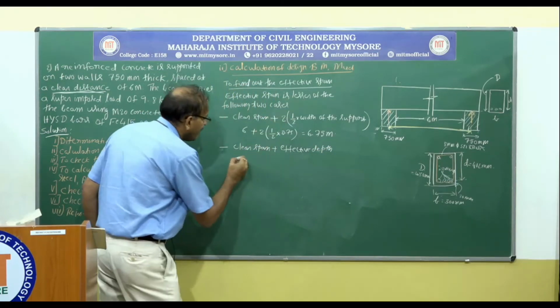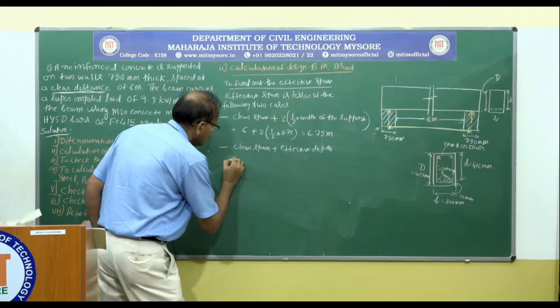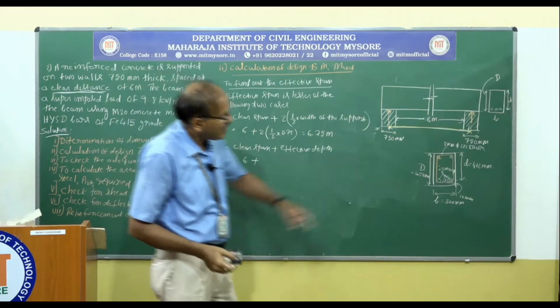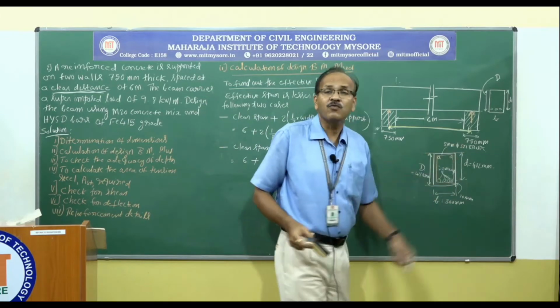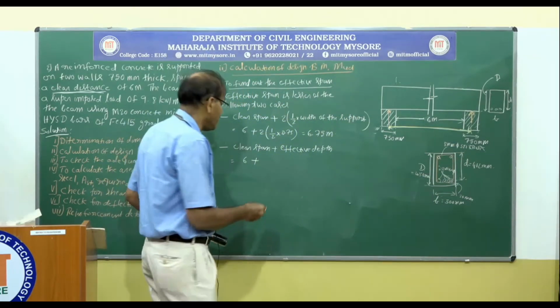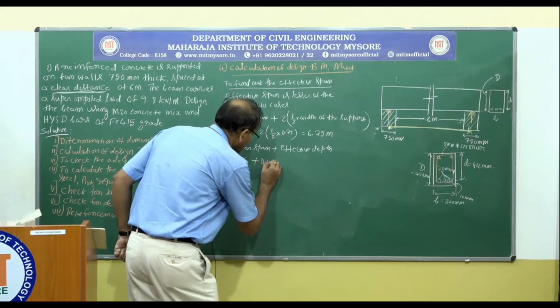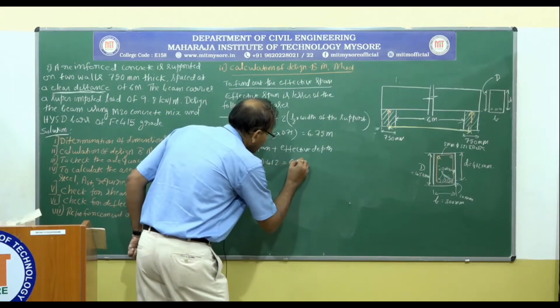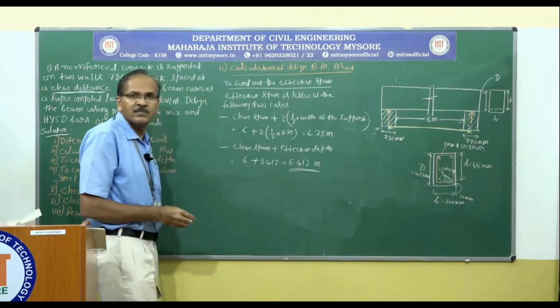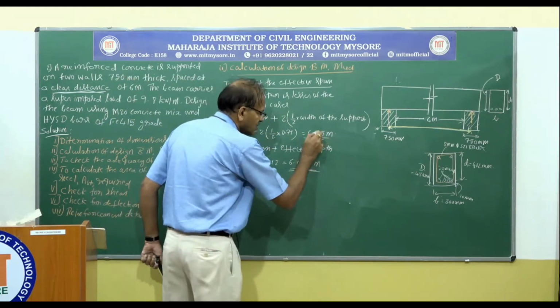So what is the clear span? Of course, 6 meter plus what is the effective depth we have provided? 412 millimeter. That is 0.412 meter. That is equal to 6.412 meter. So we have two values.